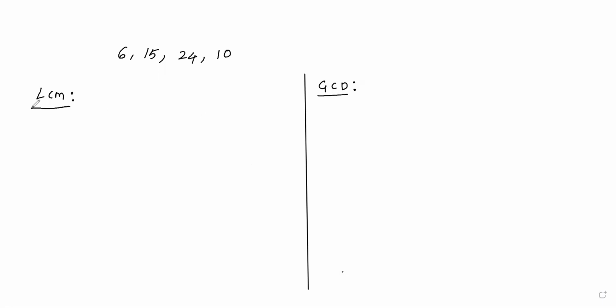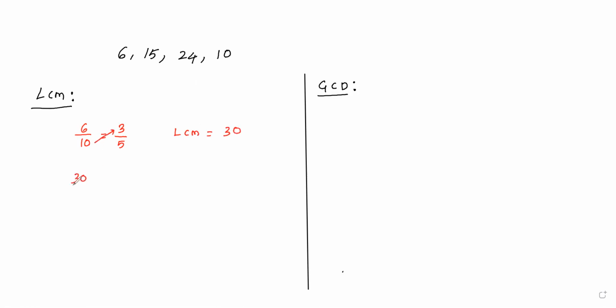Let us see. Take any two numbers as usual. Let me take 6 and 10 here. So 2 3s, 2 5s. So the LCM here is 30. This is the easiest one for me, 30.